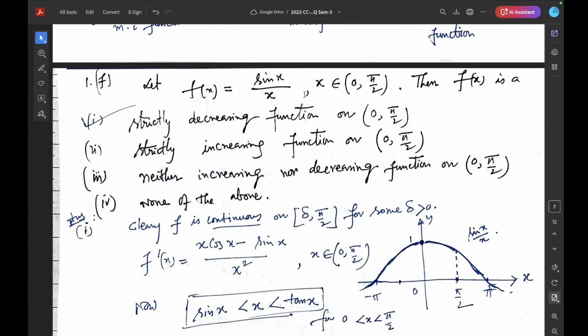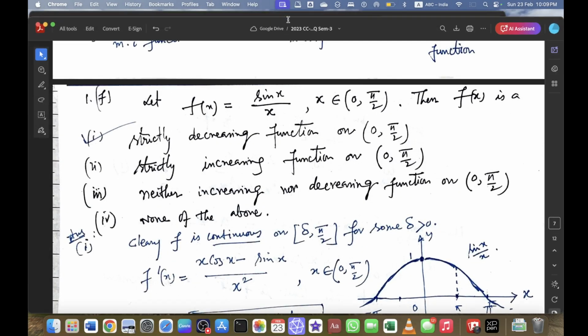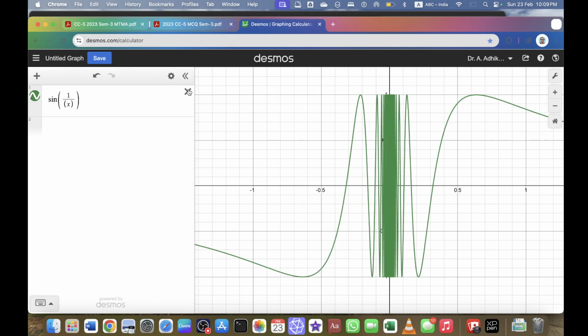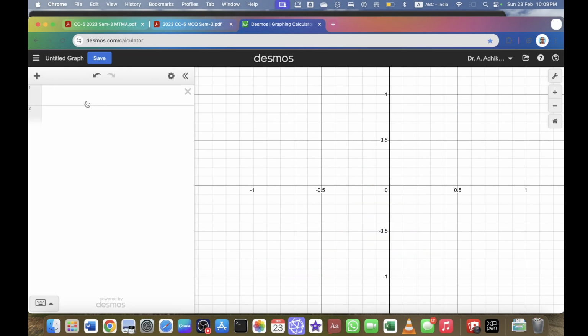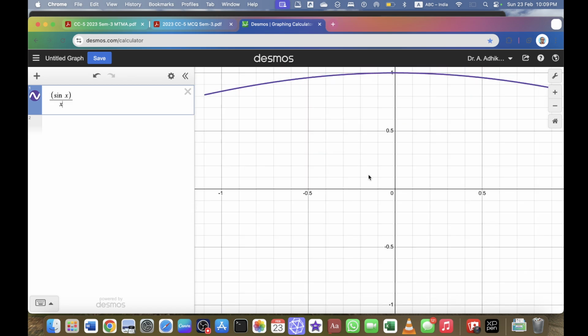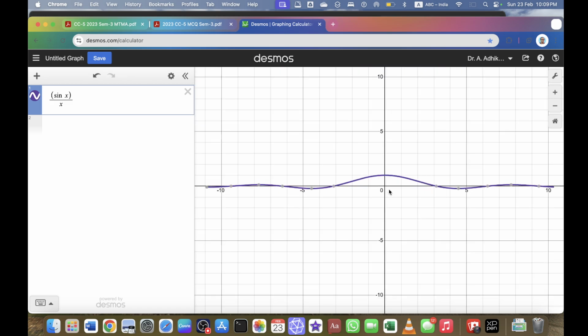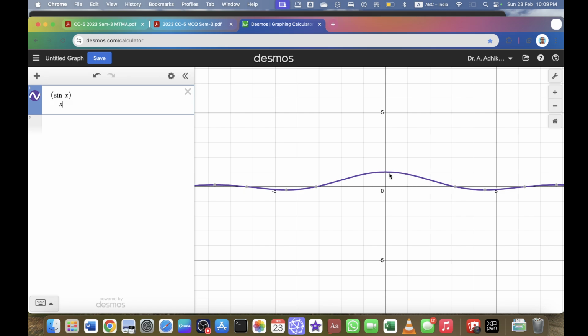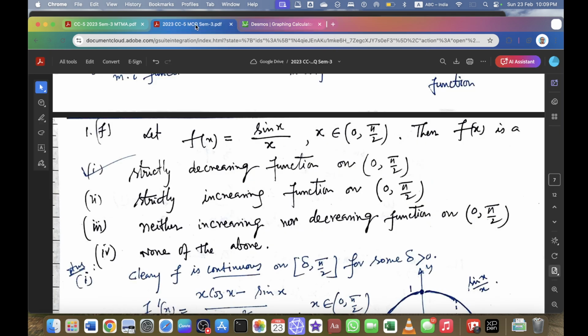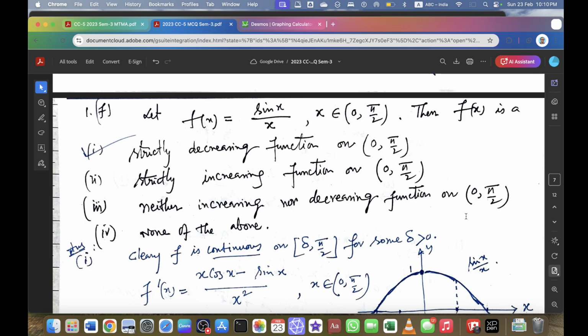sin x by x, sin x by x by Desmos. So this is the graph of sin x by x within the open interval 0 to pi by 2.